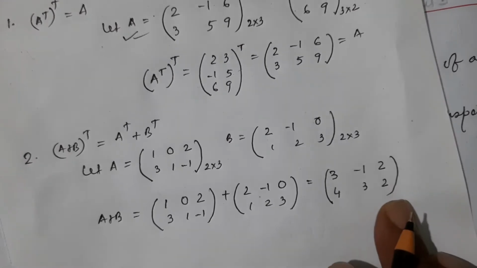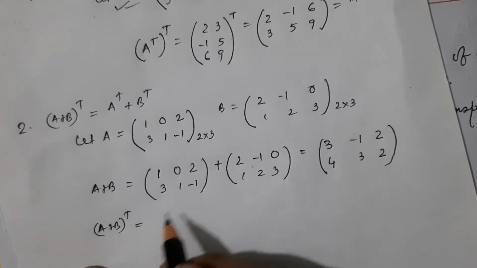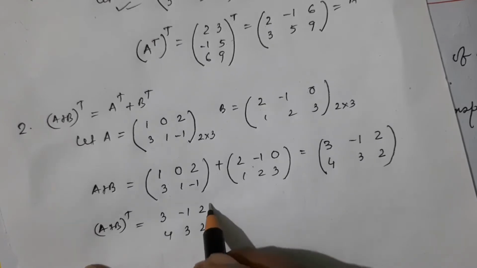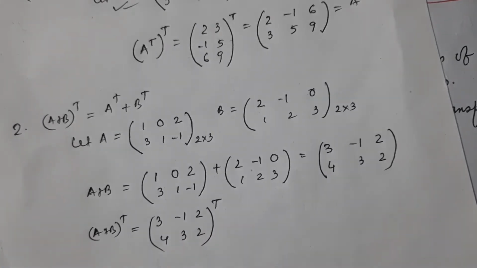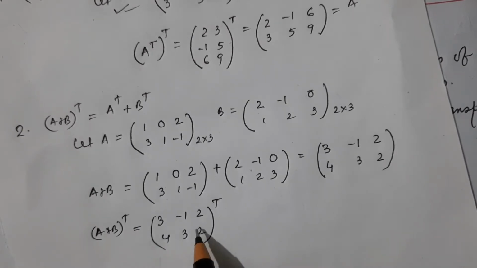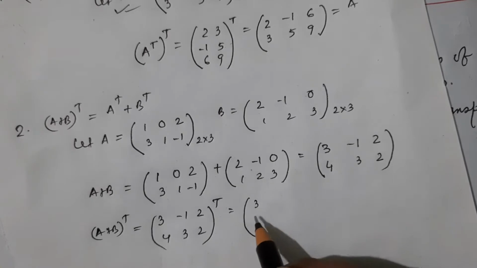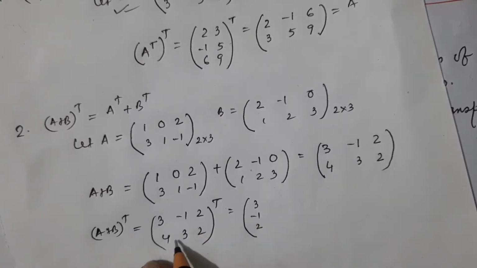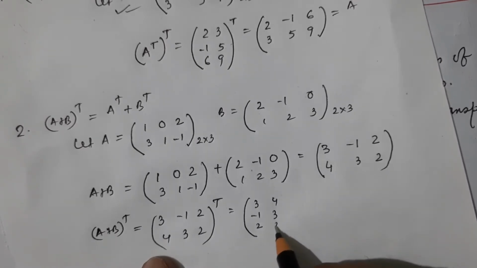We just take its transpose: A plus B whole transpose is equal to 3, minus 1, 2, 4, 3, 2 transposed. Interchanging row into column, the first row is written as the first column, the second row as the second column: 3, 4, minus 1, 3, 2, 2.